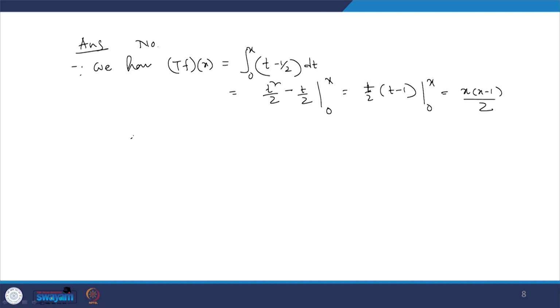This implies x minus 1 by 2 does not divide x into x minus 1. So the factor x minus 1 by 2, which initially divided the given function f x, is now not dividing the result. So this implies that the result does not belong to W1.